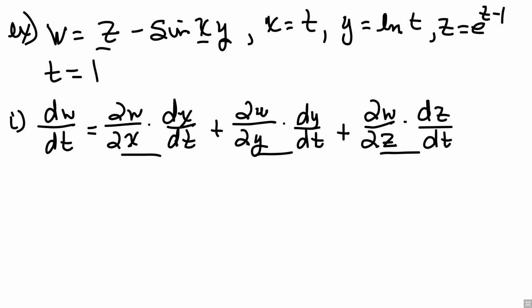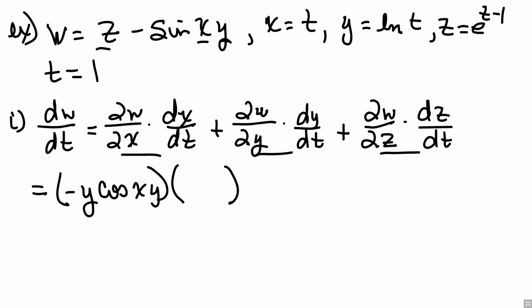So let's take a look at this. If we do the partial of w with respect to x, what will we get? Yes, it's going to be negative y cosine of xy, then times the derivative of x with respect to t.